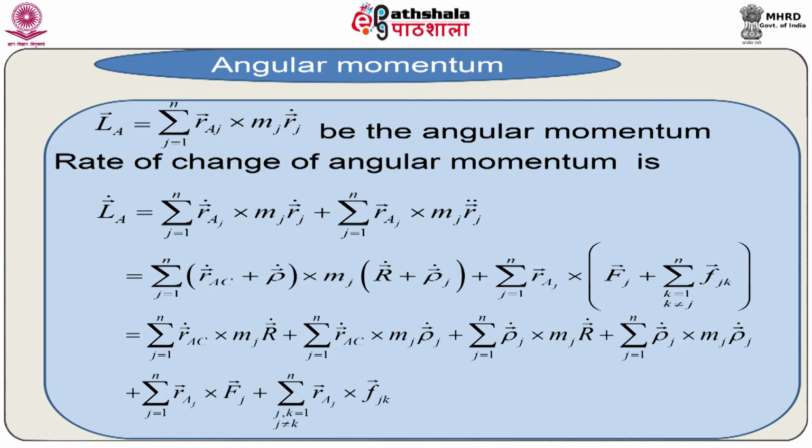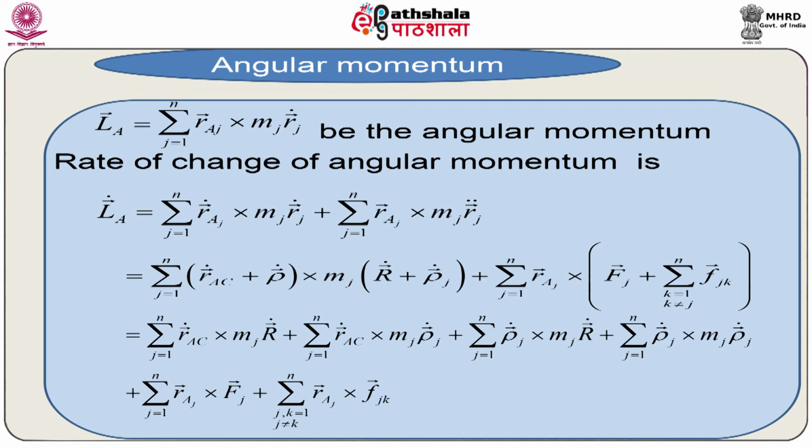If we consider the rate of change of angular momentum, then we get LA vector dot, that is d/dt of LA vector. This gives the derivative of this one, fixed, plus this fixed and the derivative of this one, which has been written here.